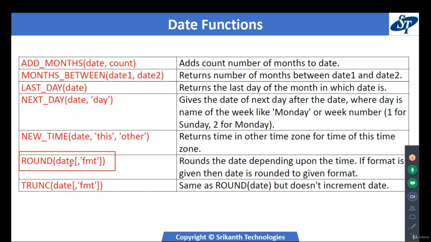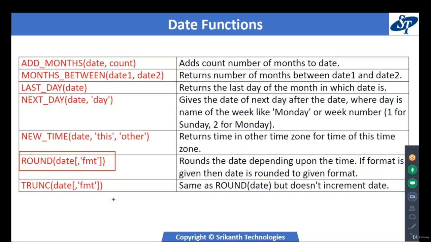Rounding a date by default is rounding it to day, by ignoring the time portion and rounding the date based on the time. And trunc also does the same but does not consider the time part of it. It will just directly give you the date.